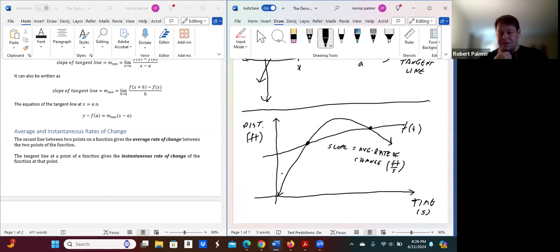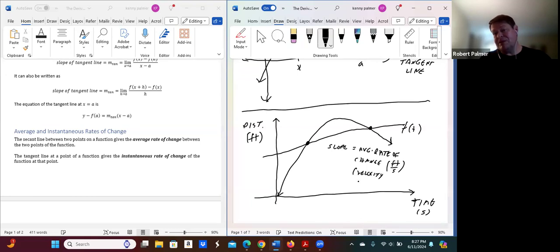Think about the slope of a line: you're changing y over changing x. My y is in feet, my x is in seconds, so it's feet per second. The average rate of change is then your speed, your velocity.